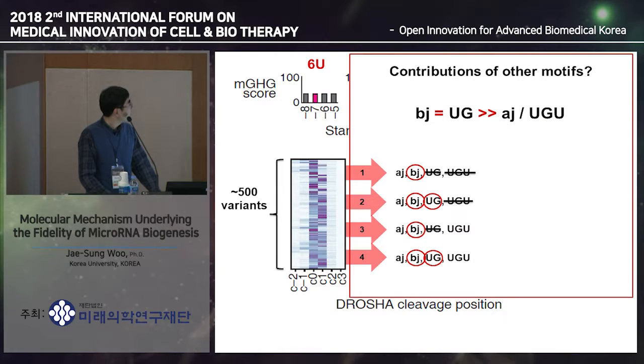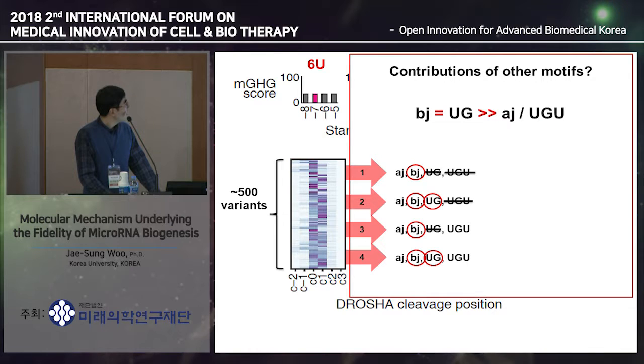data into 4 groups. The first group has only apical junction and basal junction, but UG and UGU motifs are not there. And the second one has the UG motif, the third one has only the UGU motif, and the fourth one has all the motifs.